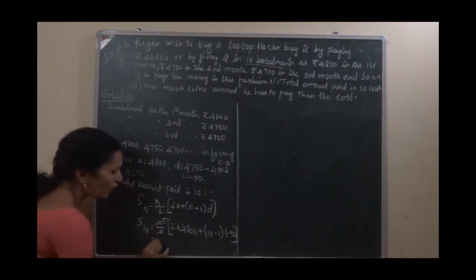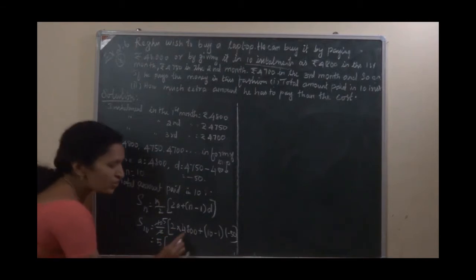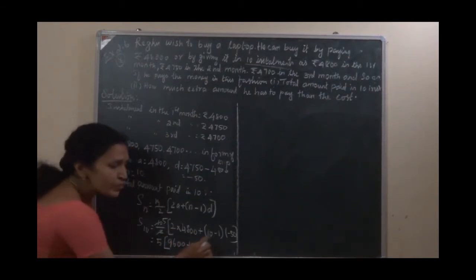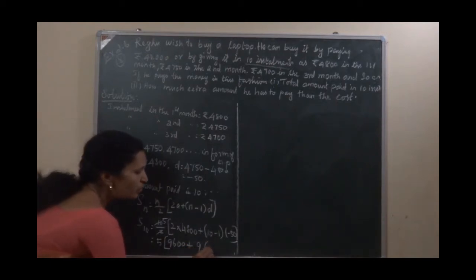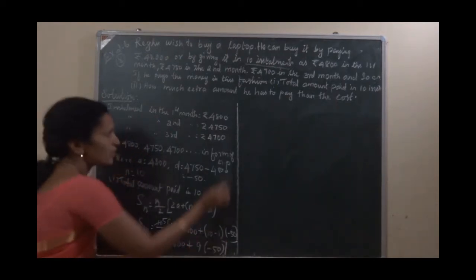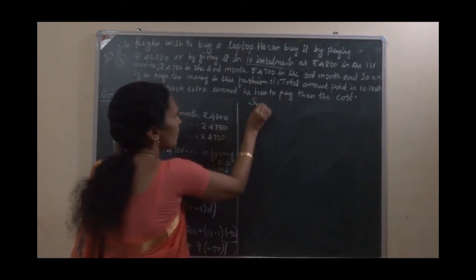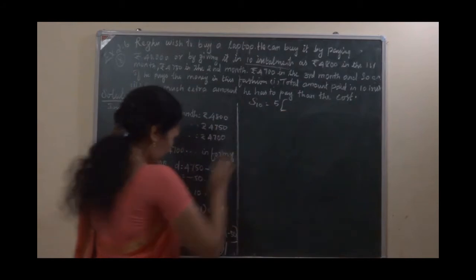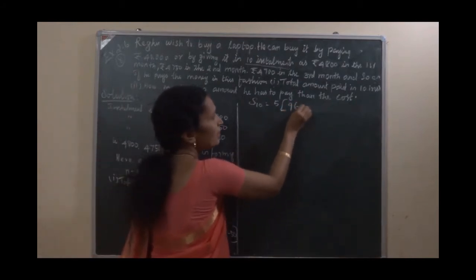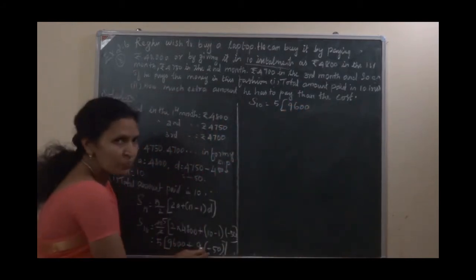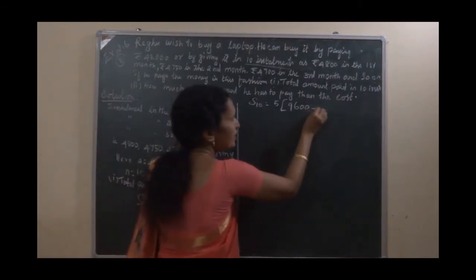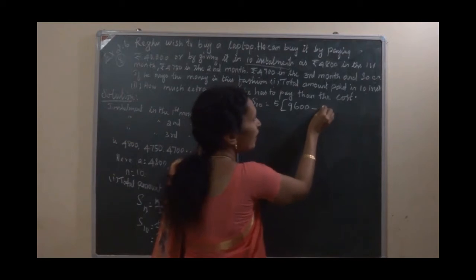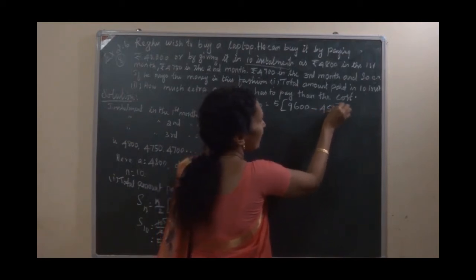So 5 into 2 into 4,800, that is 9,600, plus 10 minus 1, 9 into minus 50. So S10 equal to 5 into 9,600 minus 9 into 50. 9 50s are 450.